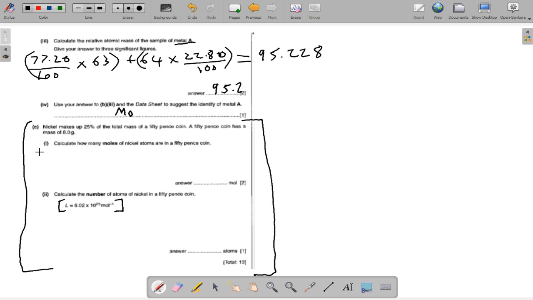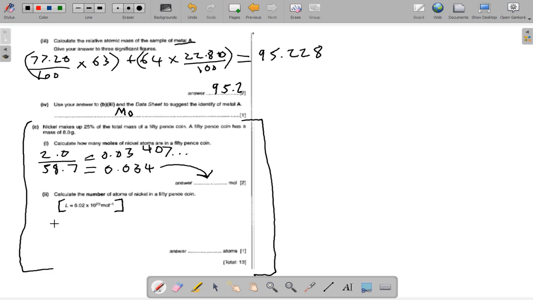So working out 25% of 8, it's quite easy, it's 2. Then we find the mass of nickel on the periodic table, and that is 58.7. And you should get 0.03407 ... which is about 0.034 moles. So that's your answer down there.